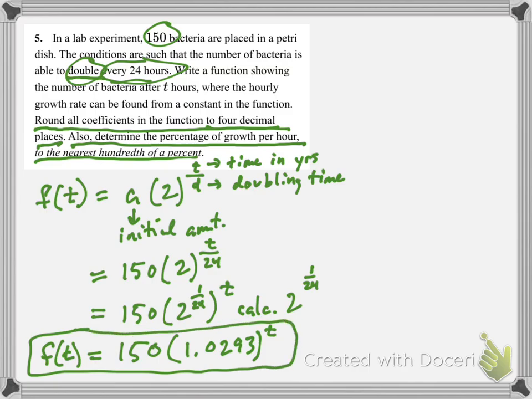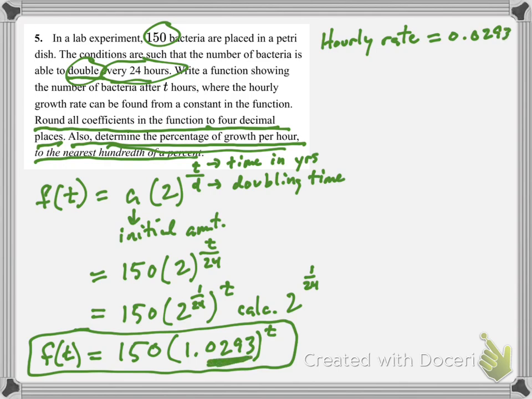Now it says determine the percentage of growth. Well, the hourly rate, because it's in hours, is just 0.0293. It's just this part right here.